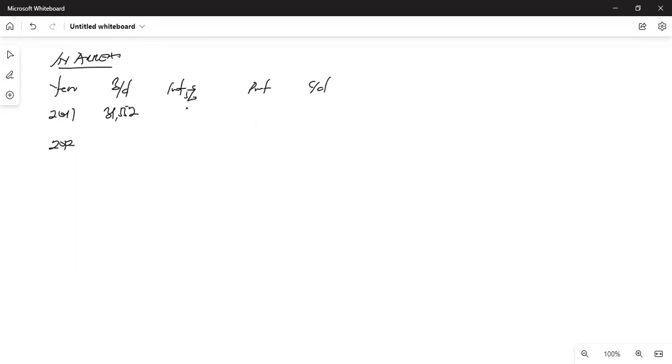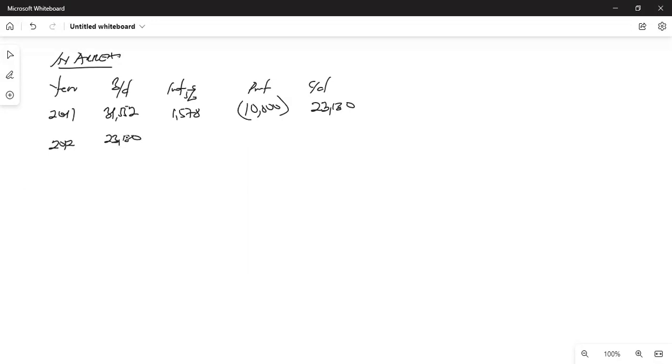If we conduct 5% on this, we are going to get 1,578 rounded. The lease payment for this particular year was 10,000, so we need to subtract it, and then have 23,130.